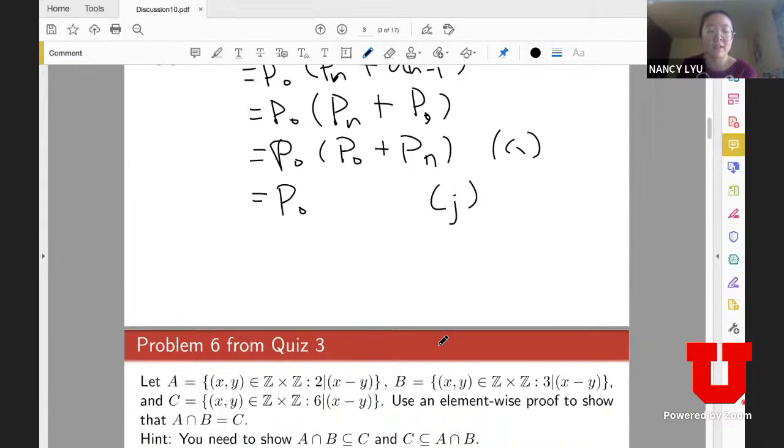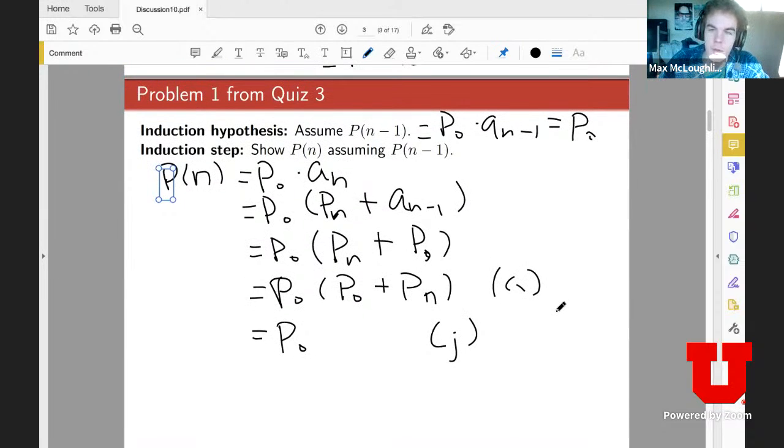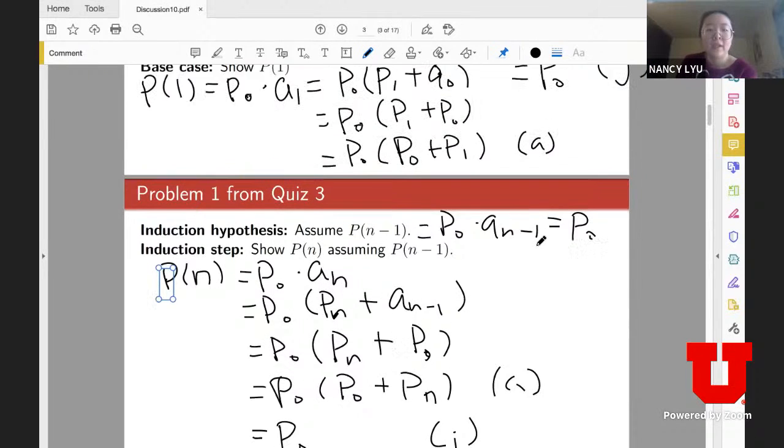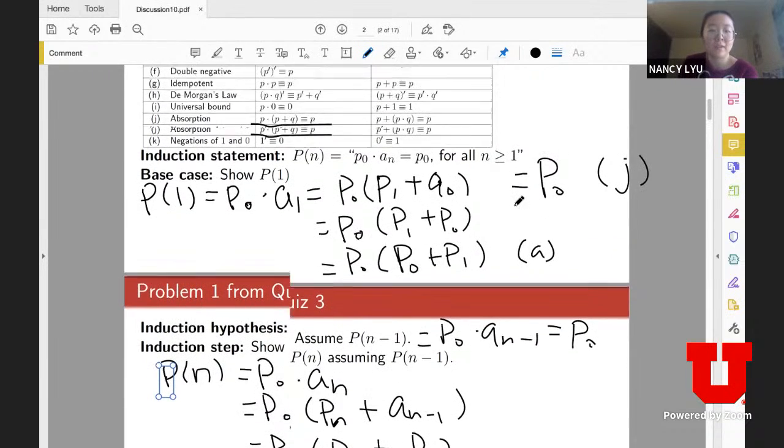Any question? Yeah, how'd you get that A of n minus 1 is equal to P0? So we have assumed that Pn minus 1 is true.